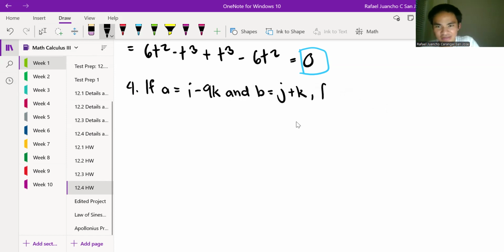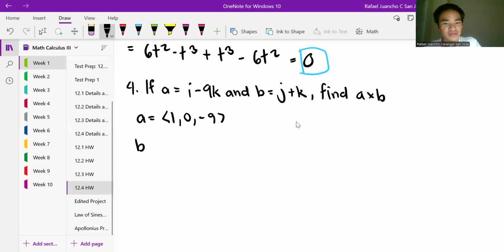Here we're going to find a cross product of A and B. So first we want to translate this thing. So we have 1 for i, 0 for j, -9. For B, we're getting the sum of two vectors. I is 1, 0, 0.